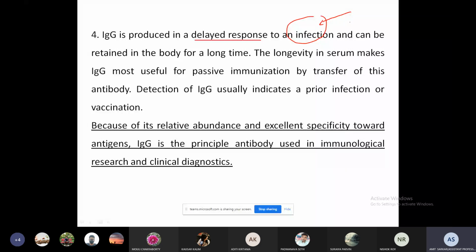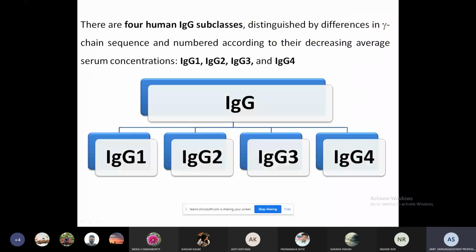Maybe I will talk about that later. But immunoglobulin G is the principal one. Immunoglobulin G makes up 80% of the serum antibodies. And our whole design, our strategy about this vaccination, is totally based on immunoglobulin G, at least most of the time.